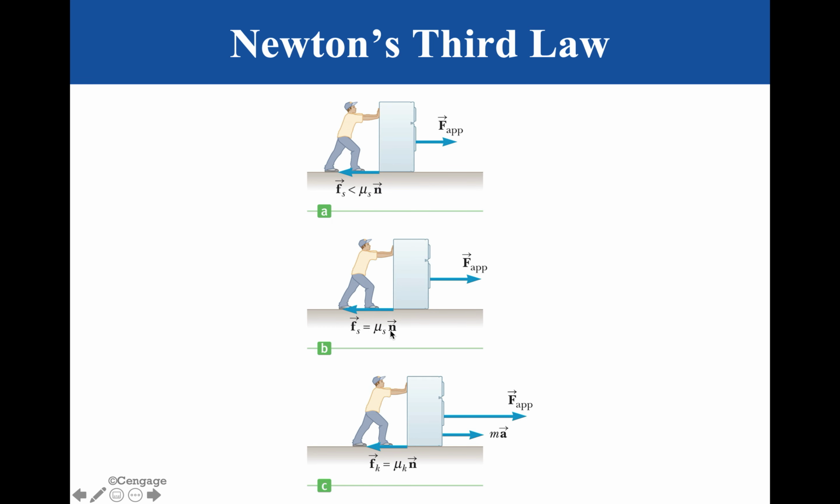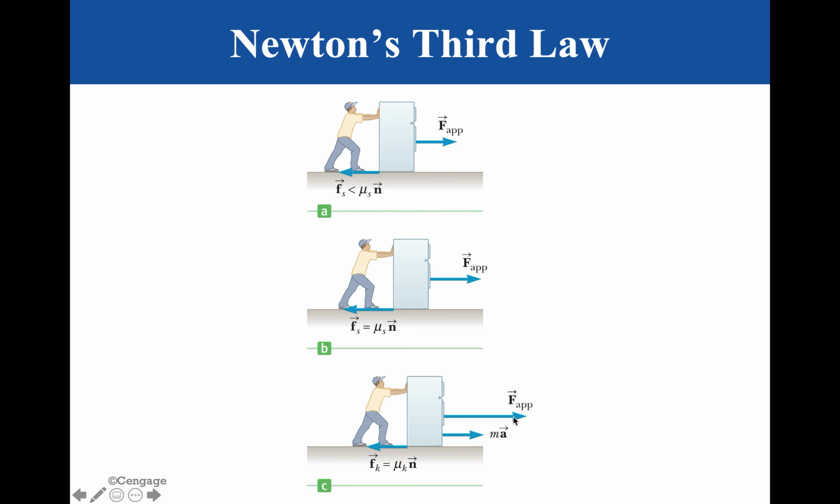And then finally, you have applied enough force to break the static friction, and you're sliding. Your applied force is going to be bigger than your kinetic friction force, at least at first, if you maintain the force it took to break the static, and so you will have a forward acceleration.